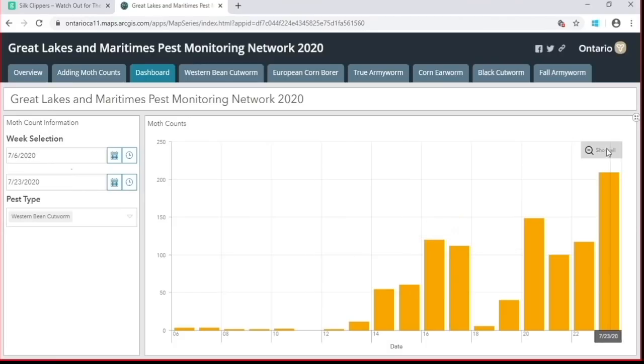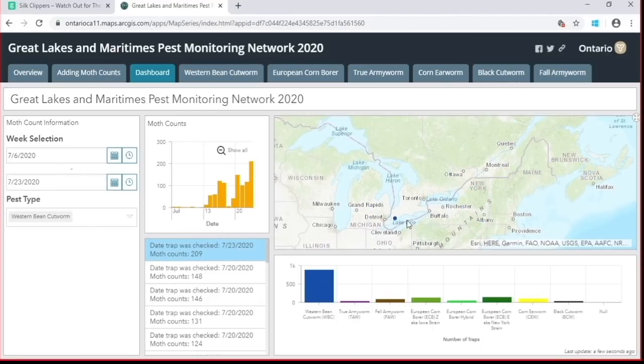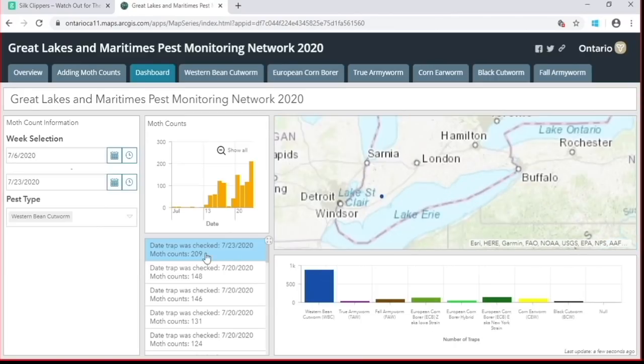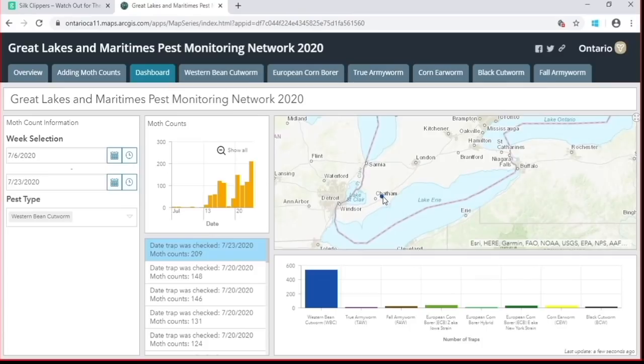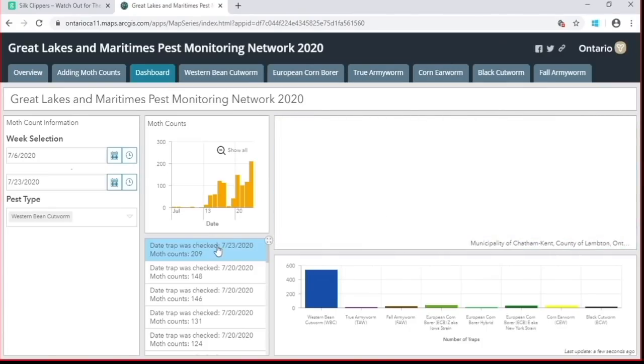And if you're interested in knowing where those specific trap counts are, you can click on this trap and it'll show you that 209 Western bean cutworm count is actually from, I believe, the Ridgetown location.